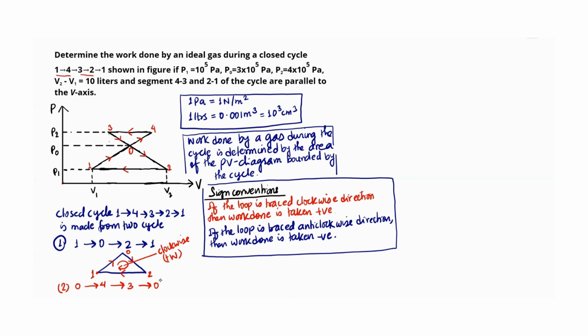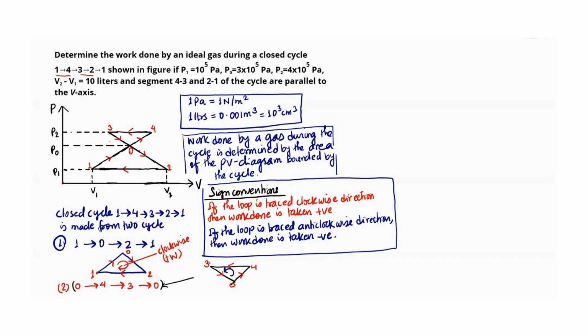For this cycle, I'm writing in this way: we have 0, and from 0 we move to 4, and from 4 we move to 3, and from 3 we move to 0. So we are moving in this direction. Clear?